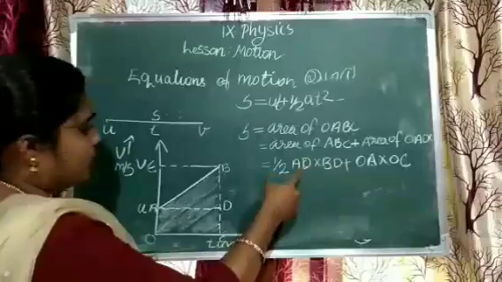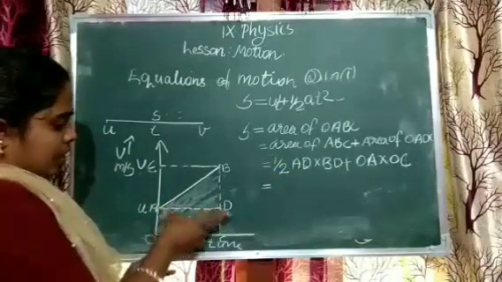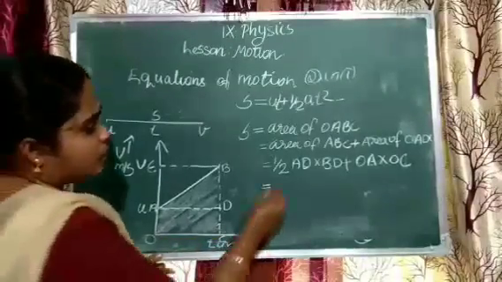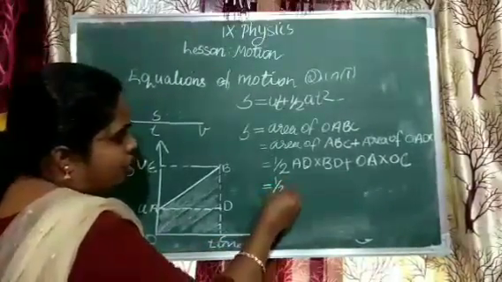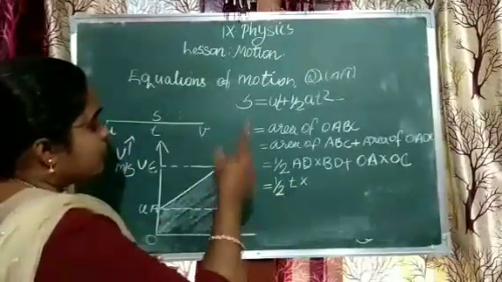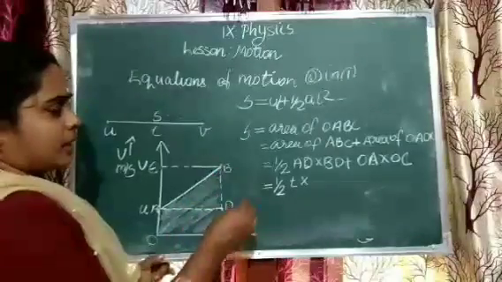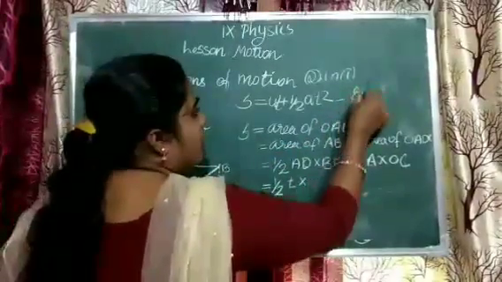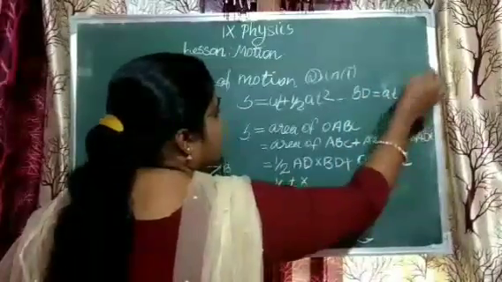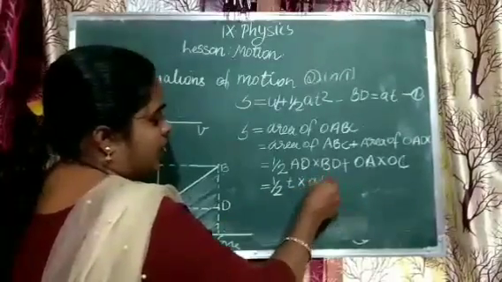Here AD means this length, which is equal to the time axis. AD is the time, so we can write half into time into BD. From the first equation, we know that BD is equal to AT, so instead of BD we write AT.